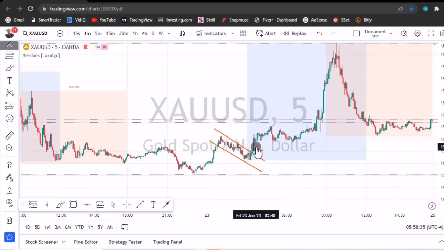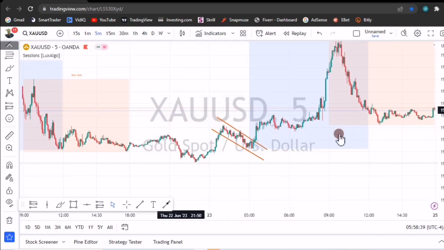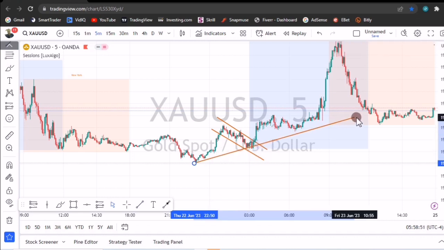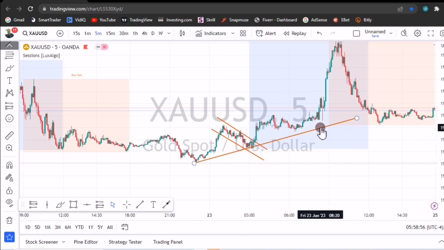Of course, you don't blindly trade this. You can identify other things that will help you. For example, there was this trend line right here. This trend line can help you by extending it like this, so that should price come and close below this, then you will know that gold is now going to go bearish.